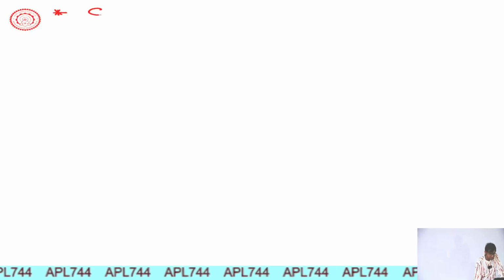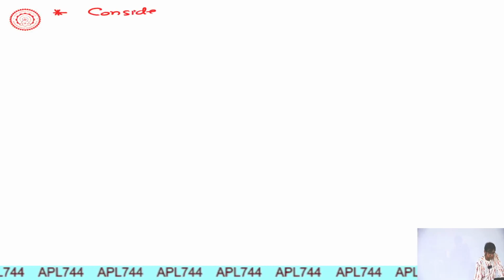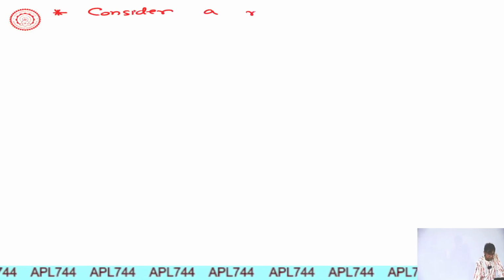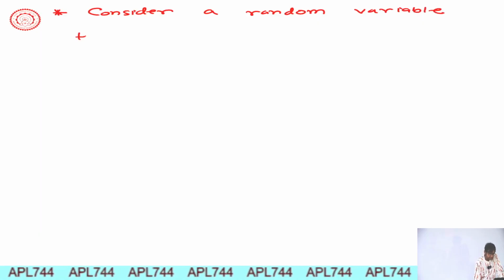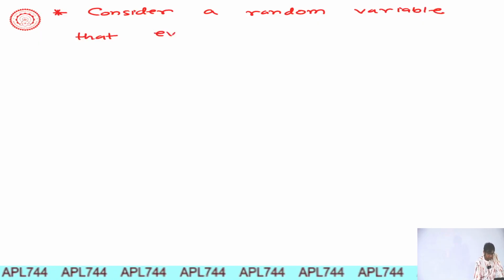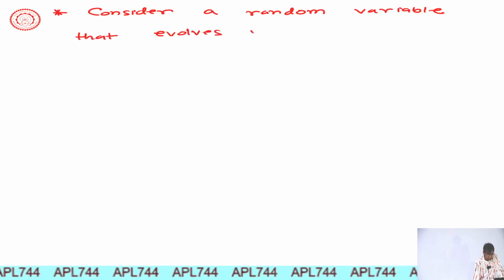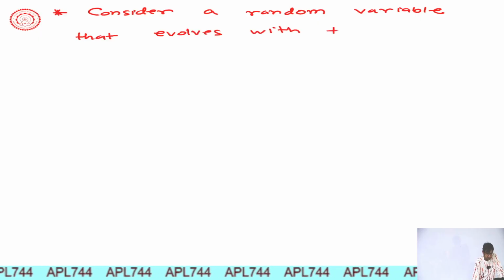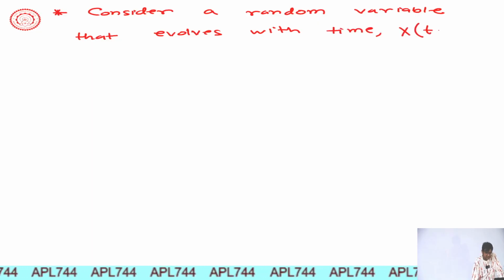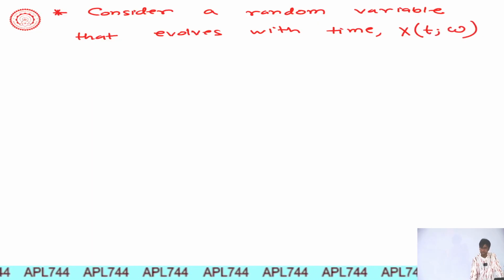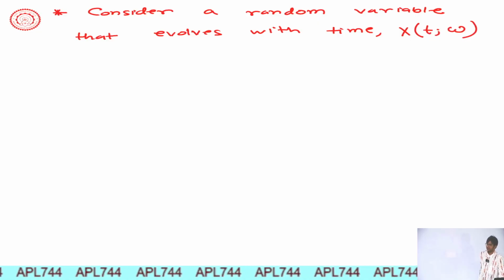So consider a random variable that evolves with time. Such a random variable is generally denoted as X(t, omega). This is the general notation, and actually this is not called a random variable, it is called a random process.